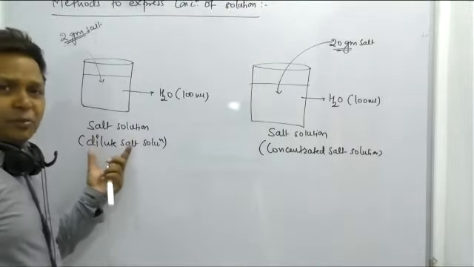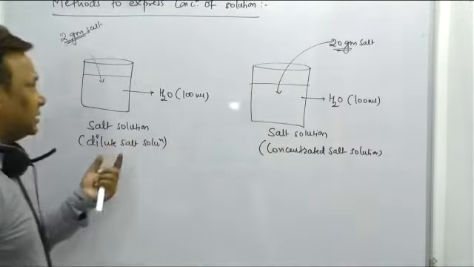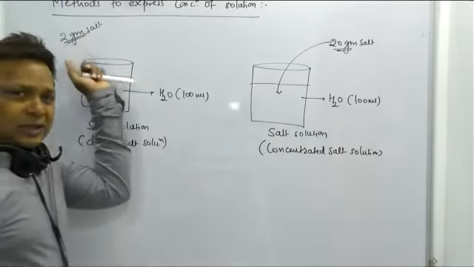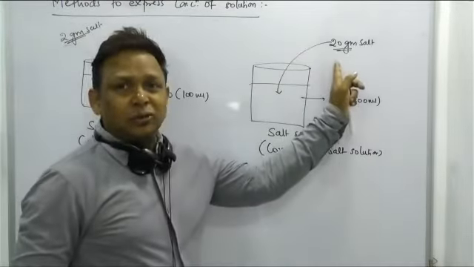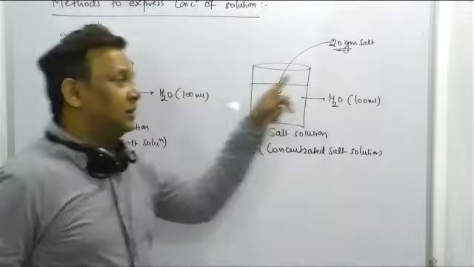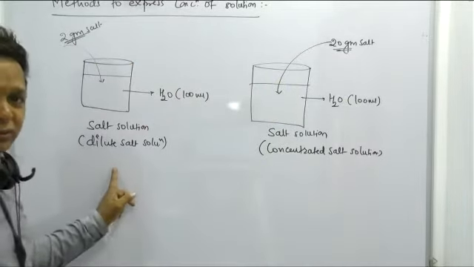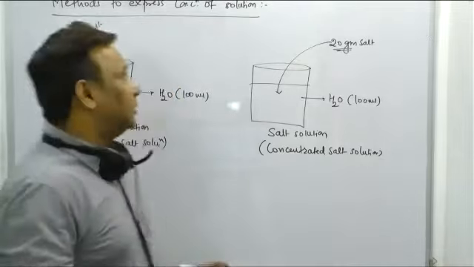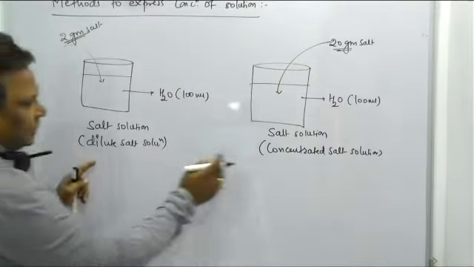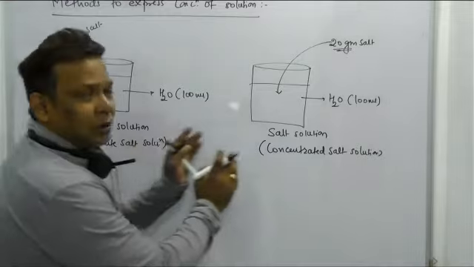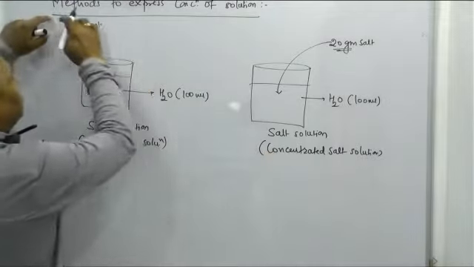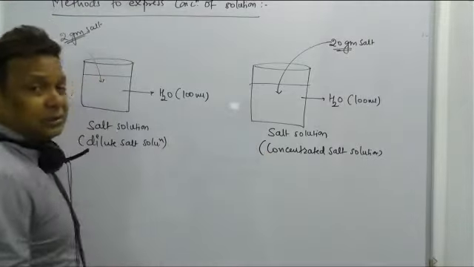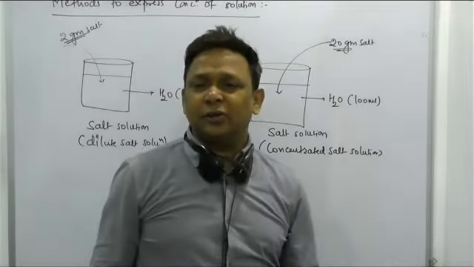We have seen that both are salt solutions, but in this one the quantity of solute is less than the quantity of solute which we took in the other solution. So this one will be called a dilute solution, and this one a concentrated solution. To express these concentrations, whether dilute or concentrated, we have certain methods or terms.